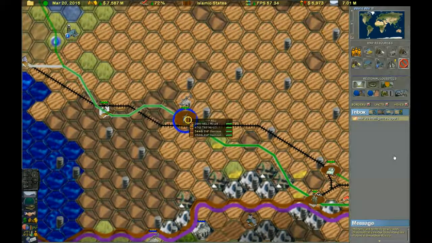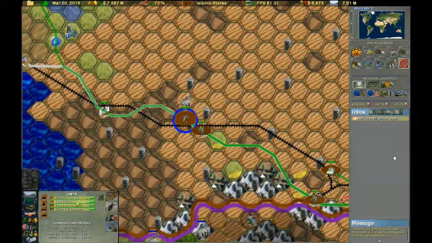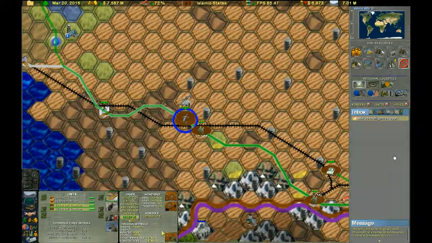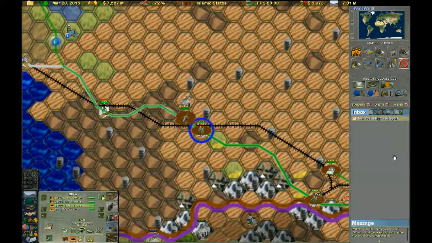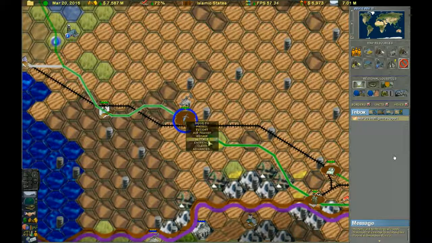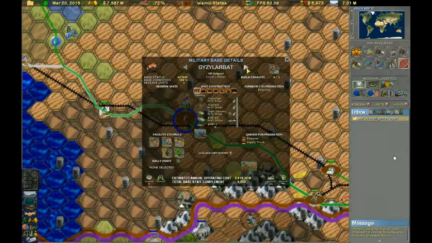So if you are a military unit that's fielded within 25 kilometers of these two units here, we're going to order them to reserve at that military base that's right here. And the other two units that are already present at that military base have been ordered to reserve there as well.